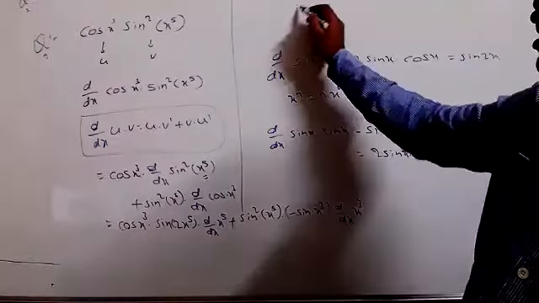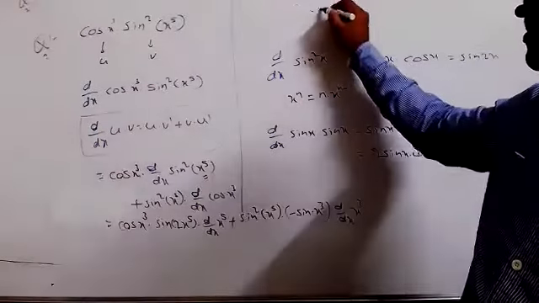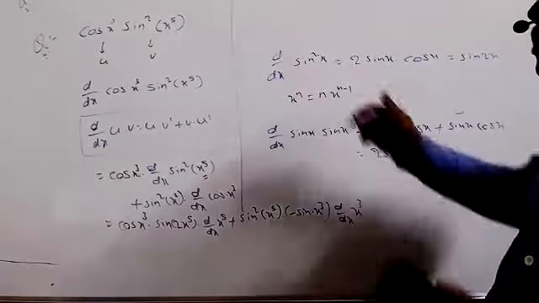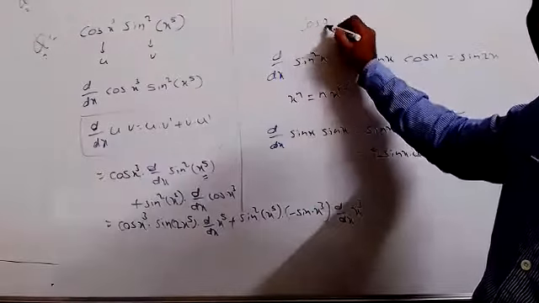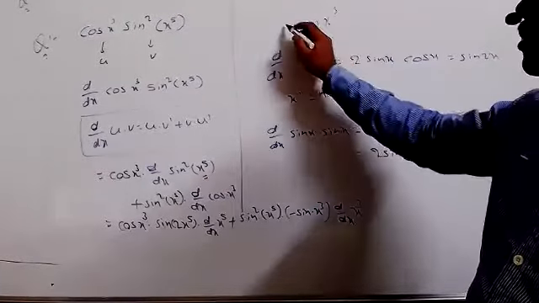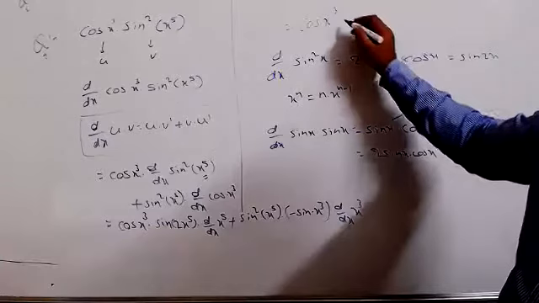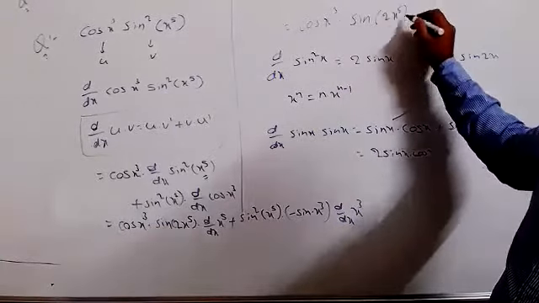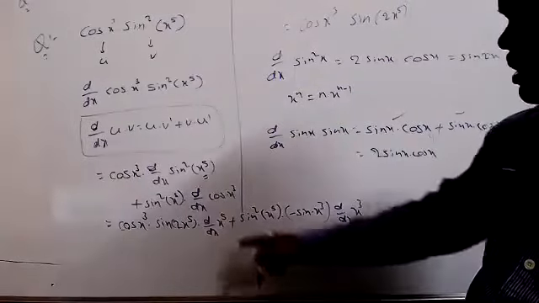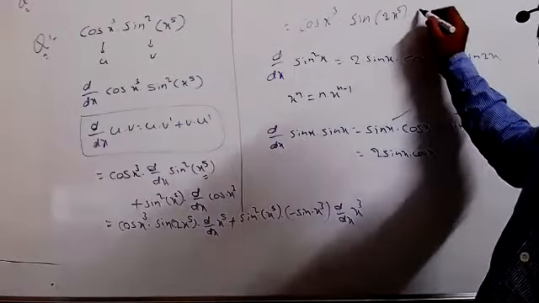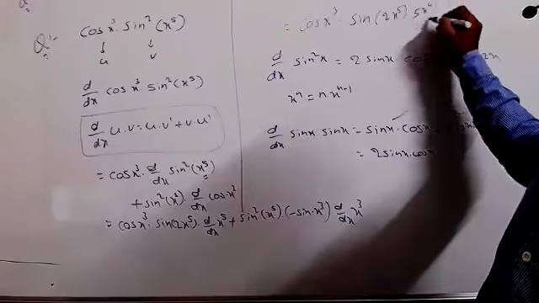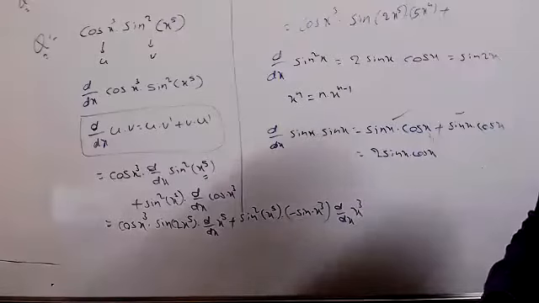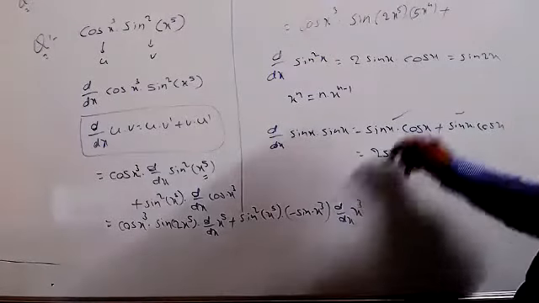So now we can write the answer. So cos x cube into sin 2 into x power 5, and the differentiation of x power 5 equals 5 into x power 4, plus sin square x power 5, write as it is only.